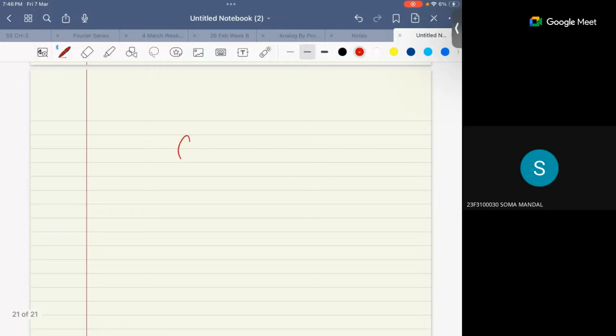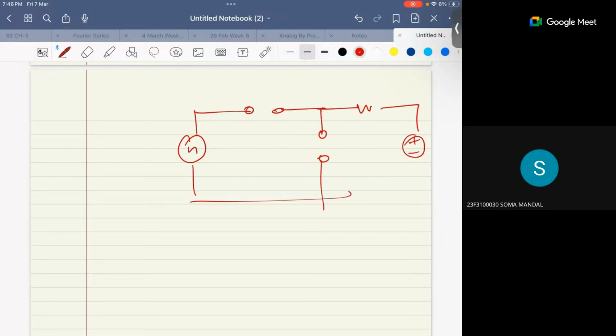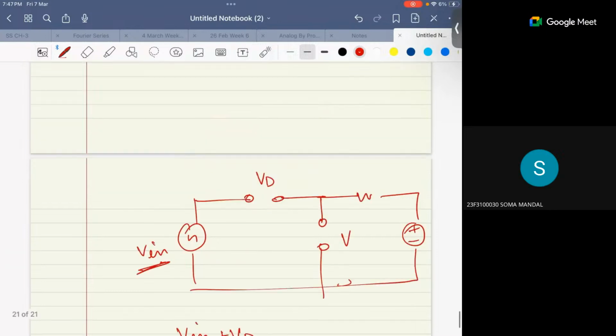Again, the same thing, right? This potential and this VD. We are always working in the negative half cycle, so this will be minus V input plus VD. How was the Zener diode represented?